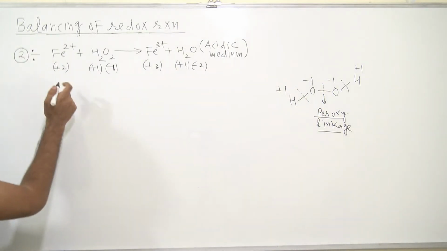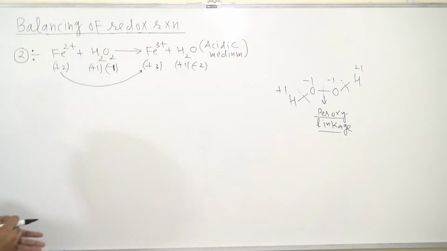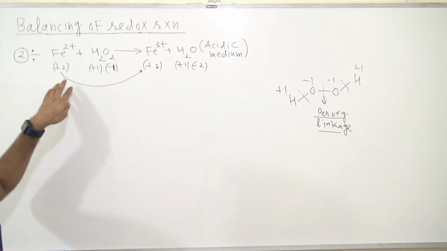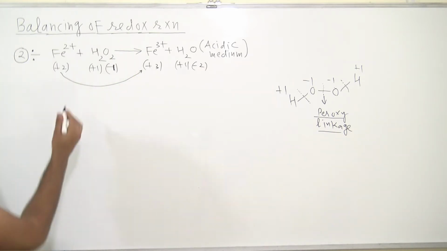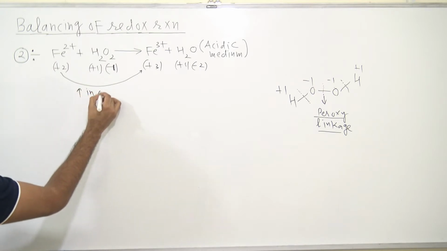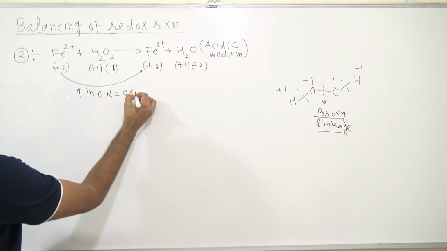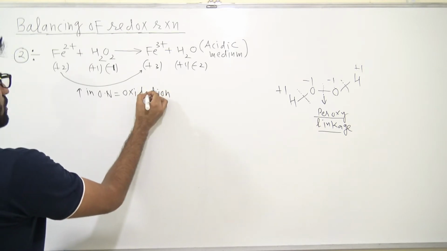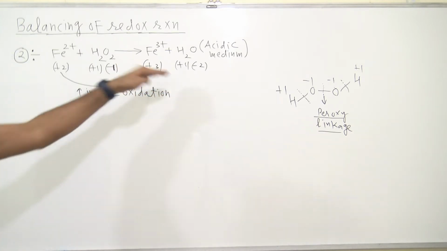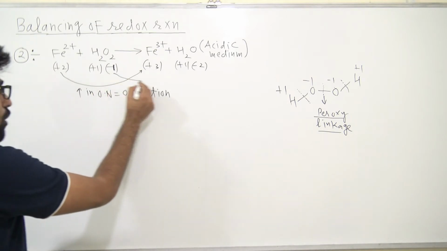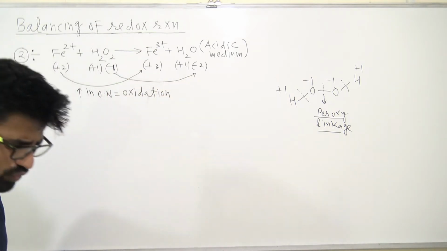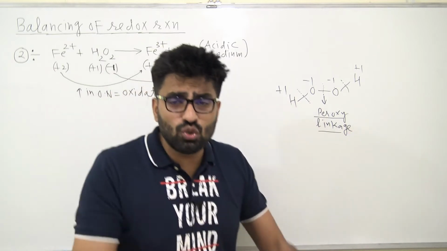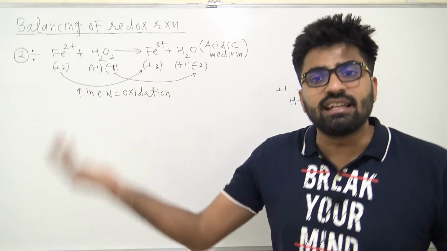Okay, this is +2. Iron is changing from ferrous to ferric. This is an increase in oxidation number, and an increase in oxidation number means oxidation, right? This is undergoing oxidation. And what about this oxygen? It goes from -1 to -2. Is it a decrease or an increase?